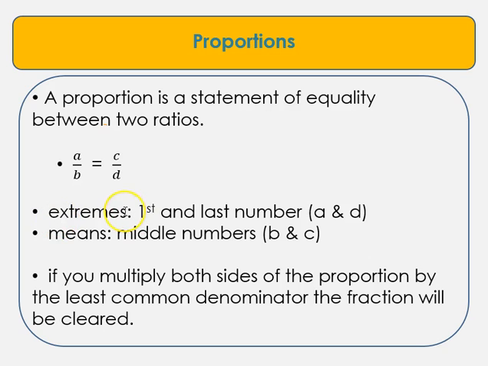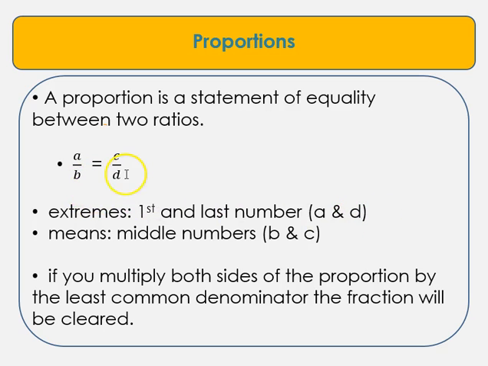So we have the extremes, which are the first and the last number of the proportion. So the extremes would be A and D. If you considered the way that you would write the proportion, A is 1, B is 2, C is 3, and D is 4. And the first and the last number would be A and D.